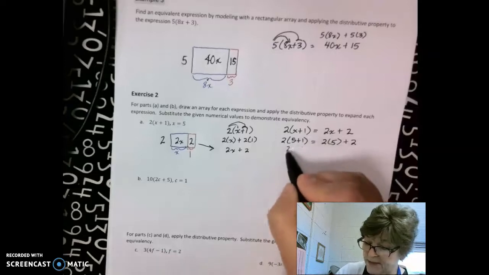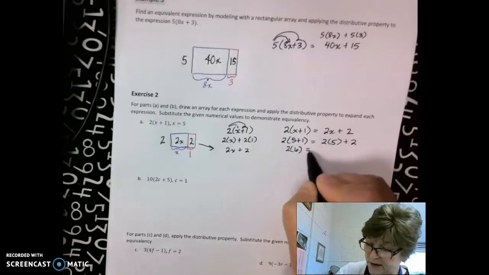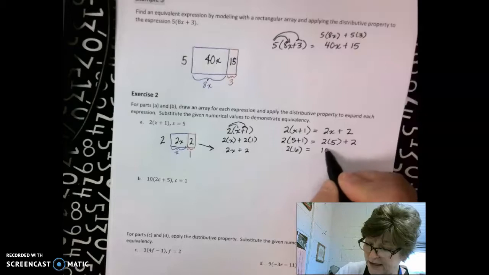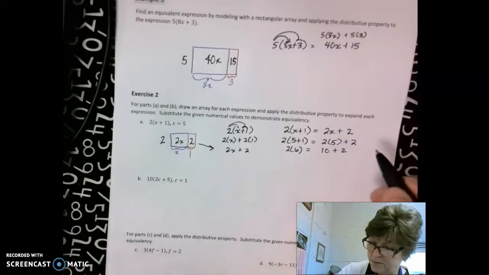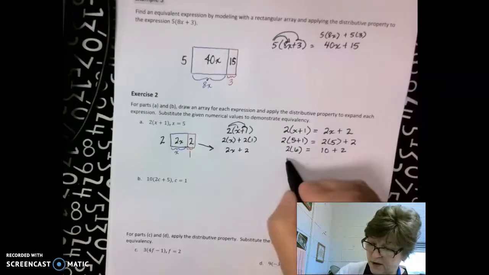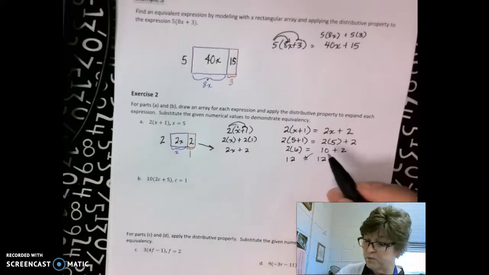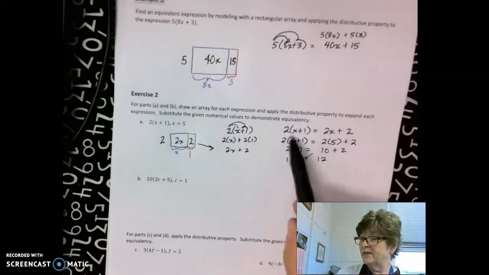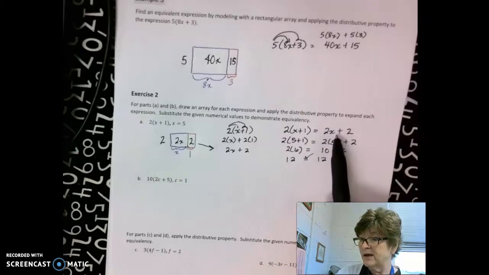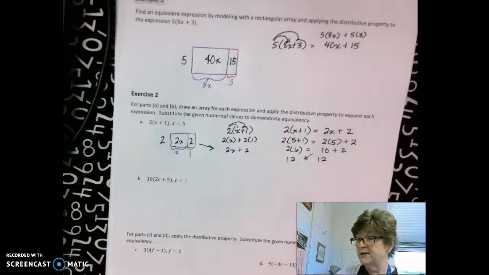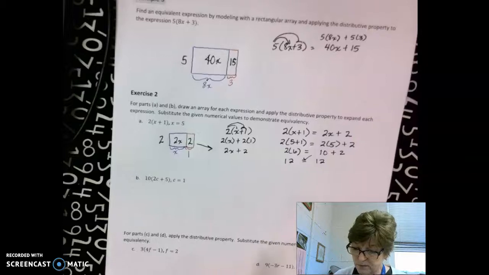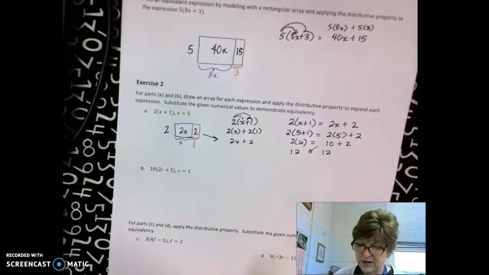Two times 6 is equal to 10 plus 2. 12 is equal to 12. So this proves that the distributive property is accurate and that the 2 sides, the 2 expressions are equivalent. Let's move down to the next example.